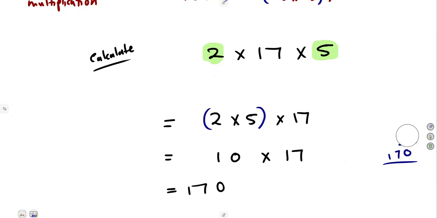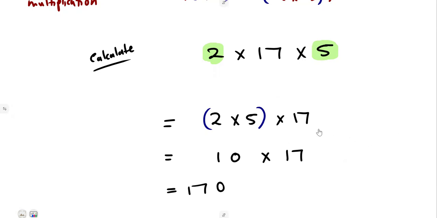Remember, do not use a calculator. If the question says do not use a calculator, this is how you're going to answer these questions. So you must revise as much as you can and do as many questions as possible.